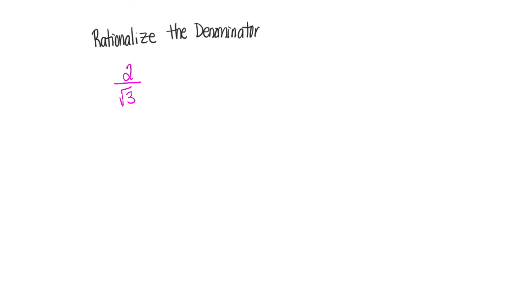To rationalize the denominator, what we do is we multiply both the numerator and the denominator by the radical that is in the denominator. And when we multiply fractions, we just multiply straight across. So we're going to do 2 times the square root of 3, and that's going to stay 2 times the square root of 3.